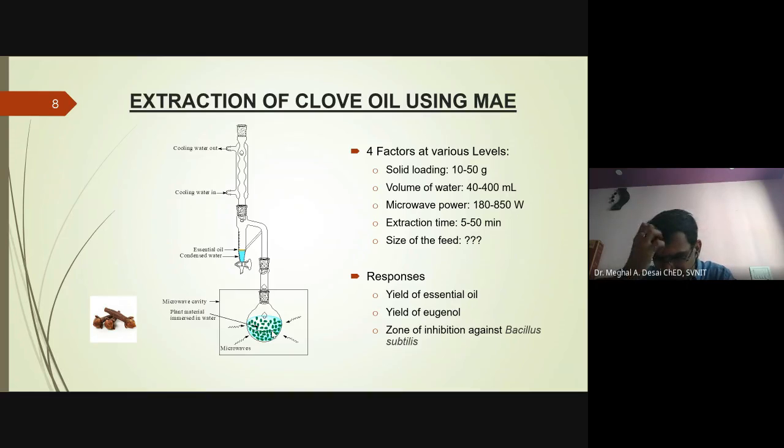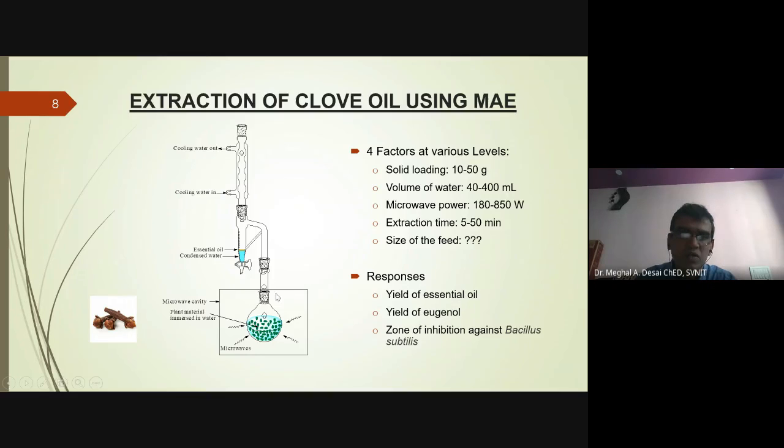Various studies have proven that the cell walls get ruptured because of rapid vaporization of water, since we have used water.